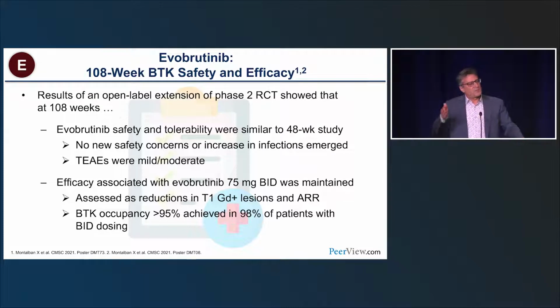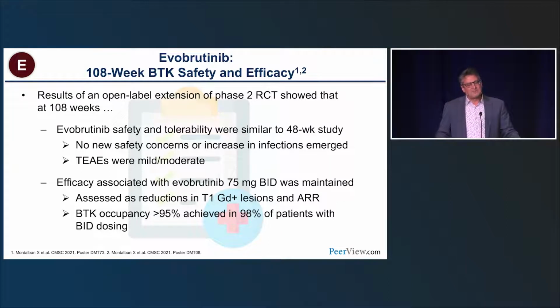So with phase 2, you always like to see some extension data mostly to get a sense of longer term safety. And again, we're seeing consistent safety without late safety signals showing up on this drug, especially not seeing infections beyond what one would expect in an MS population.